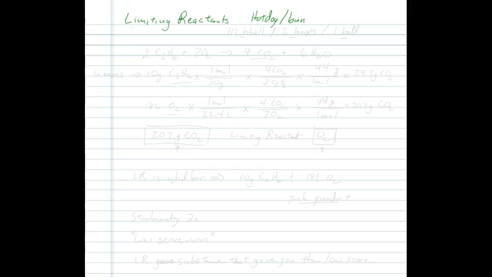A more realistic one would be like if you have 10 basketball players, you need 2 hoops and 1 ball. You need them in that proportion.